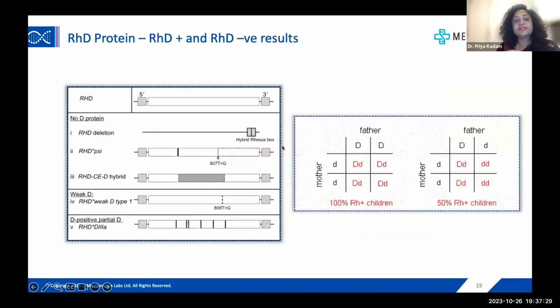What is important is the expression of the protein. Here you see that the RhD gene is this white box. When there is no RhD gene, it is because this entire gene is deleted, and then it forms a hybrid rhesus box, which is this and this. And then the other common variant is the RhD pseudogene, which interferes with the results sometimes.